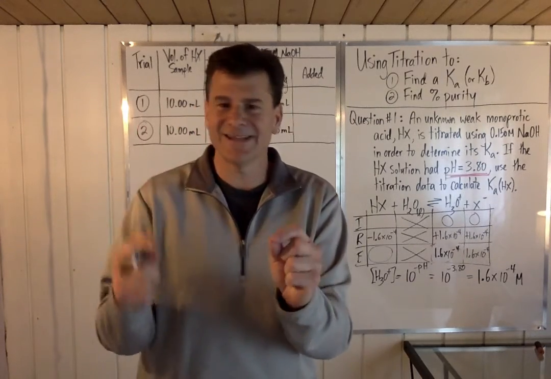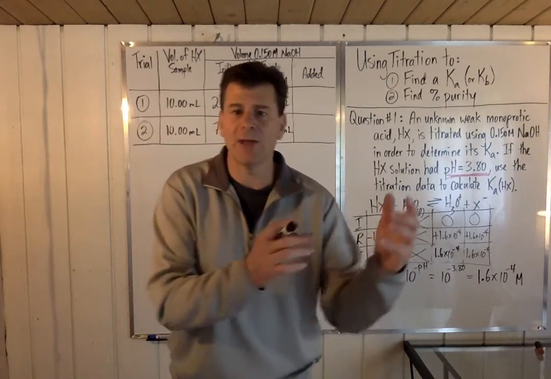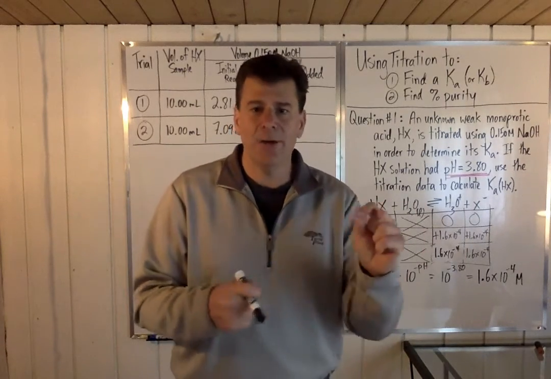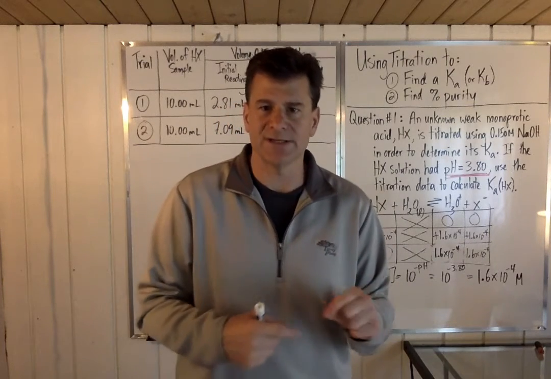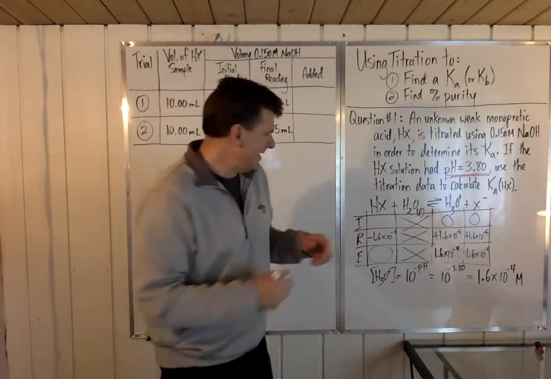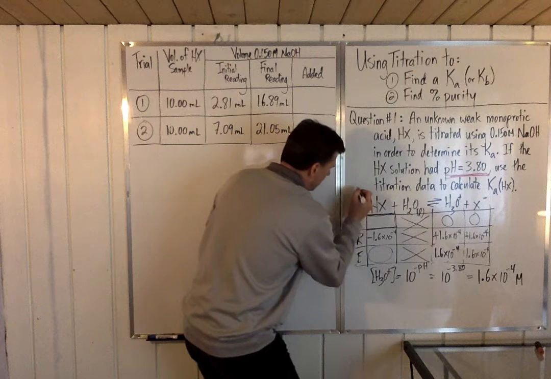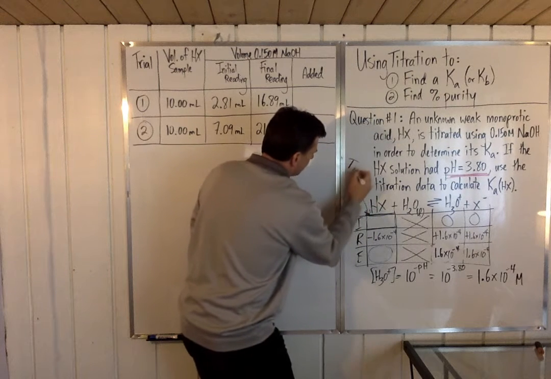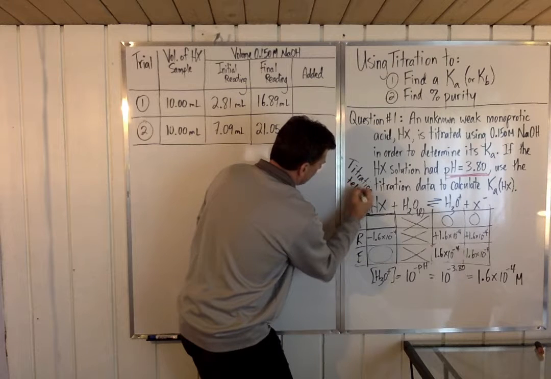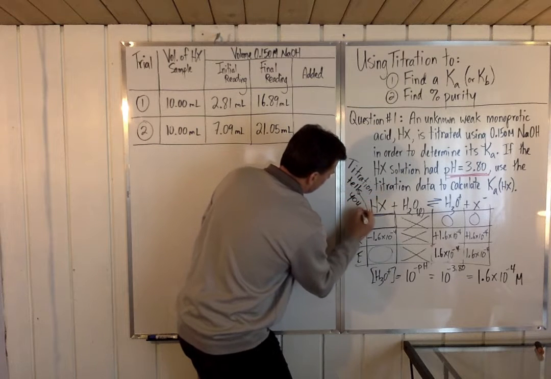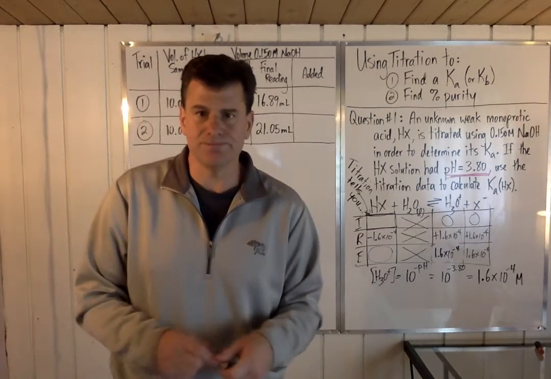Titrations are kind of interesting because they take you back in time, to determine how many moles of that acid we originally dissolved into the solution. Titration tells you that number. It tells you the initial concentration.